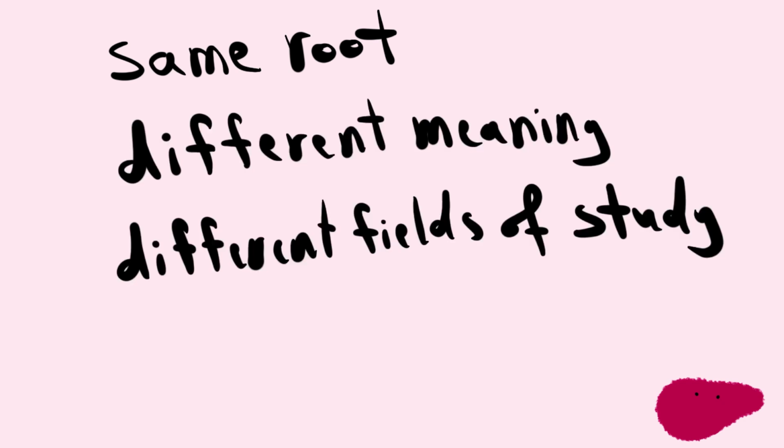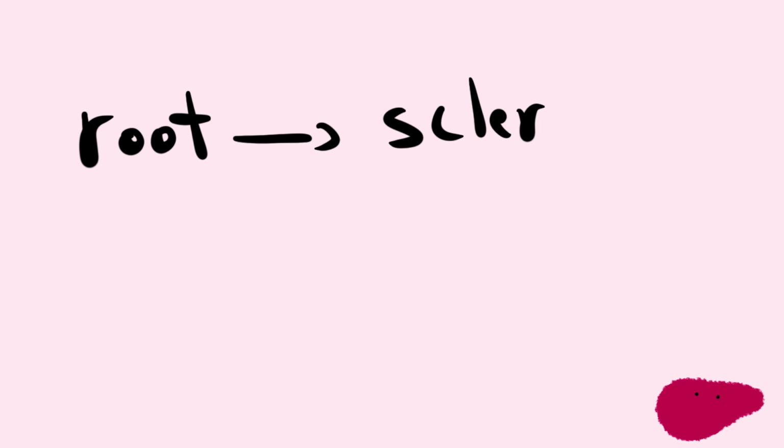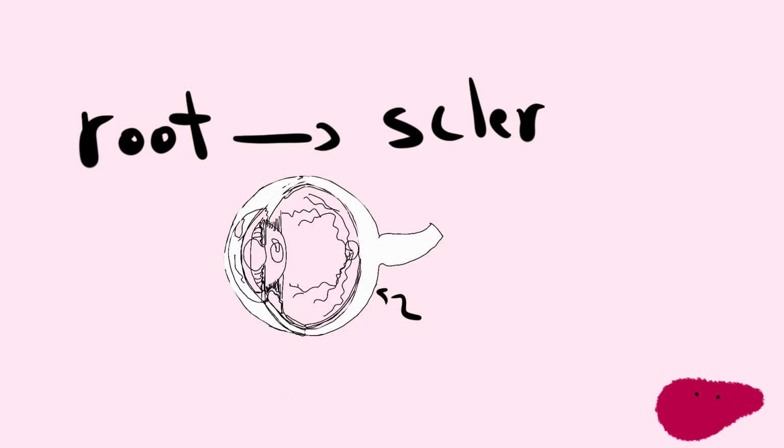The same root can have a different meaning in different fields of study, so sometimes you have to understand the context of a word before assigning it its meaning. Like the root sclera, which means hard but also refers to the white of the eye.